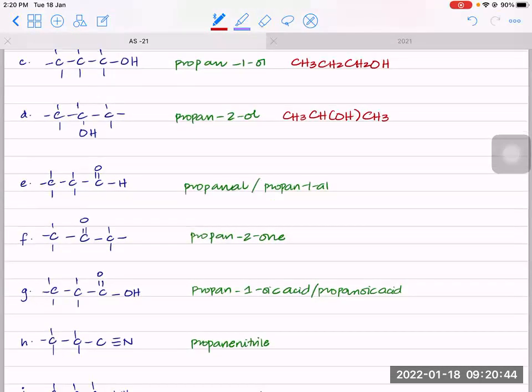Clear? So if a side chain has more than 1 atom appearing in the middle of the molecule, that is not on the first and the last carbon, you put it in brackets. Now we have E, which is an aldehyde. So it will be a CH3. Then there's a CH2. Now you have a COH. So you will say, oh, COH.